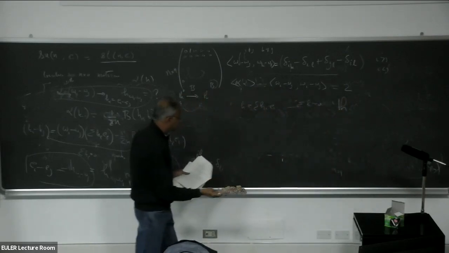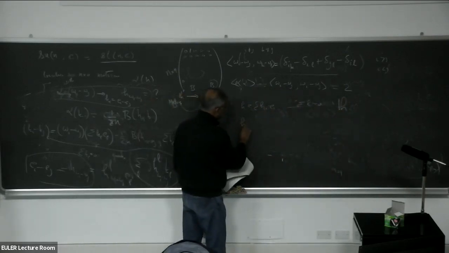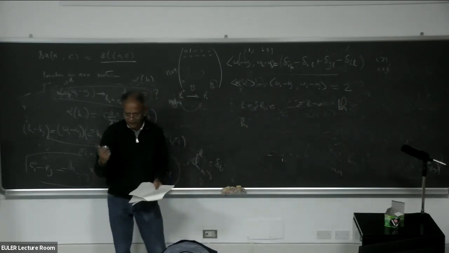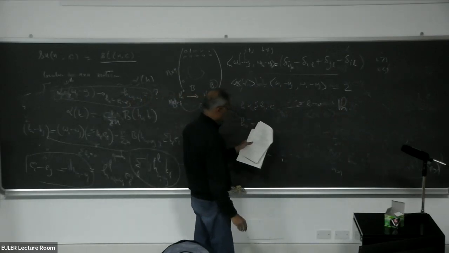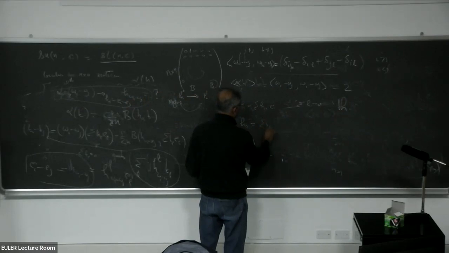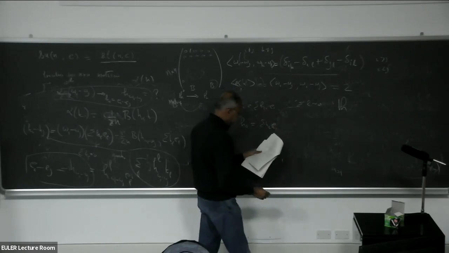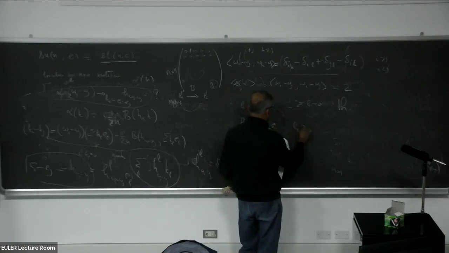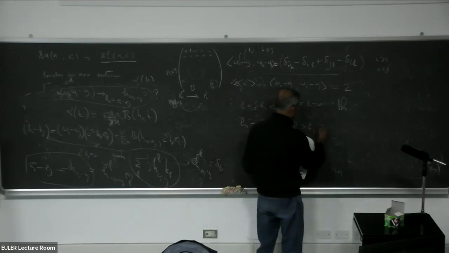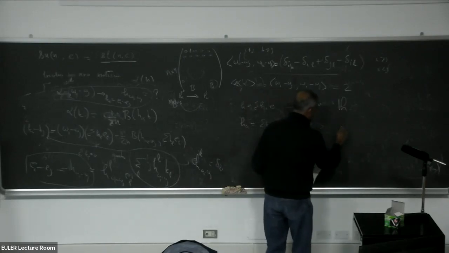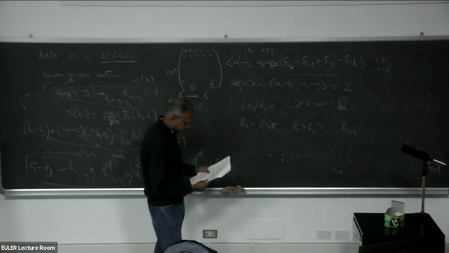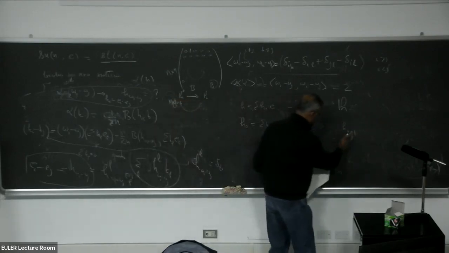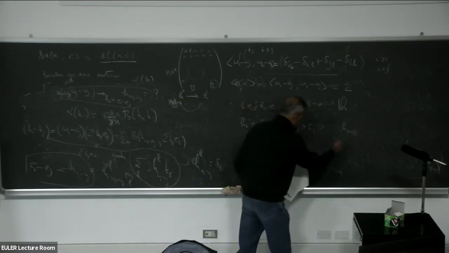But now let's choose a regular element. There is an infinite number of ways of choosing regular elements. It's not just one way, but choose one of them. So we choose H_0 equal to sum over h_i E_i, but with the condition h_1 greater than h_2 greater than ... greater than h_n.